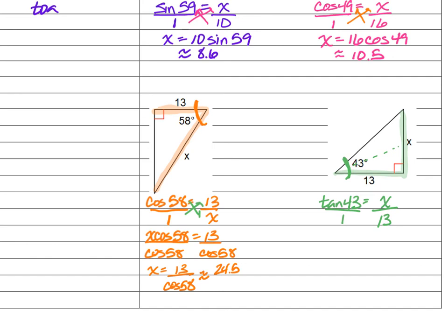And then I change that into a fraction and cross multiply. And I get 1 times x is x equals 13 tangent of 43, which is approximately equal to 12.1. Okay? And that's how we find a missing side using trig.